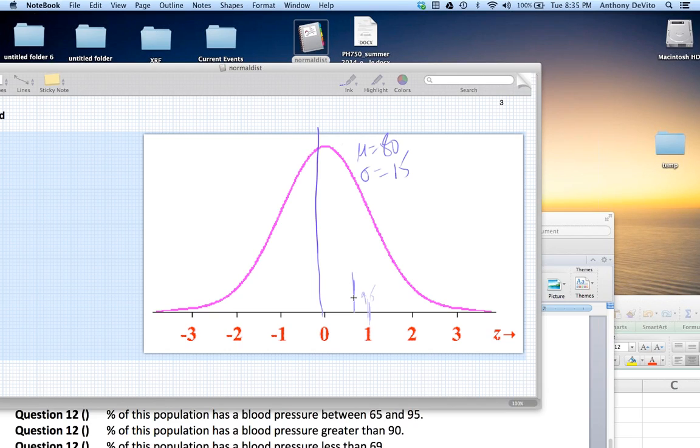So 90 is short of that. It's in here somewhere. So I want to know what percentage of population is in here above 90. Okay, well, how do I find it? I have to go to my z table. In order to go to my z table, I need to know the z-score for this value. Well, I can see that it's a positive number because it's to the right of the mean, right?